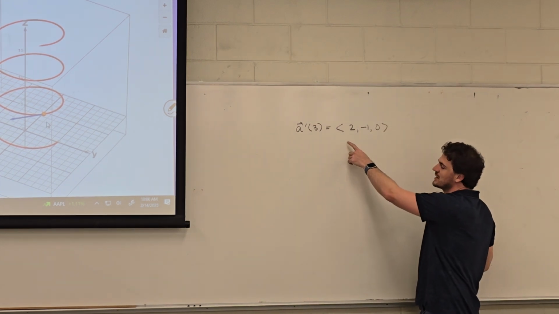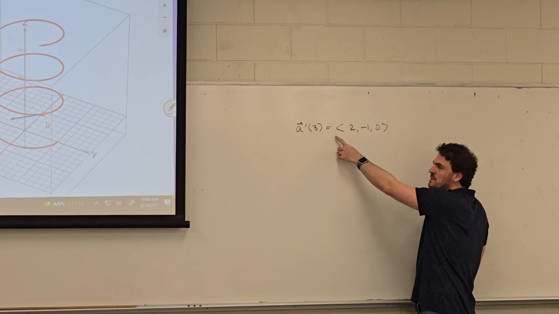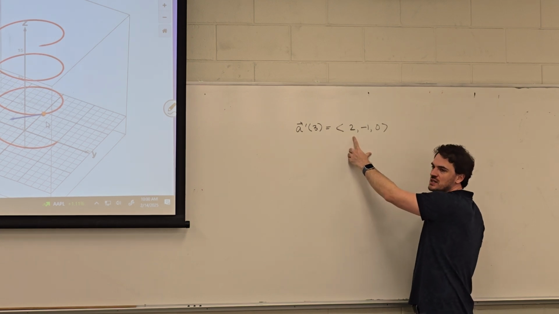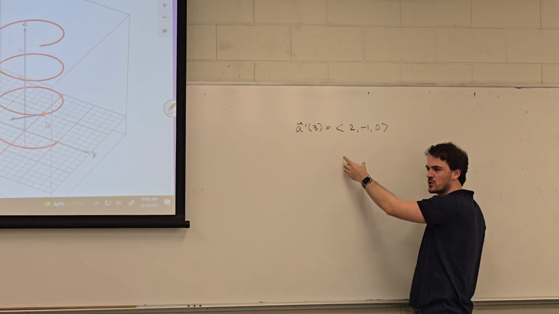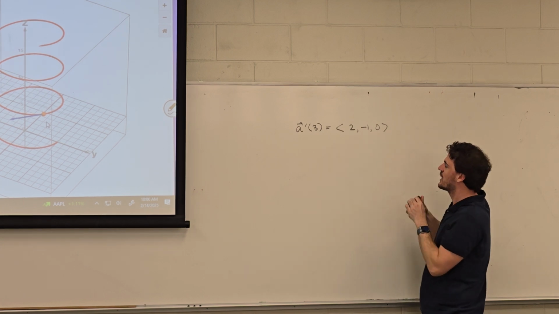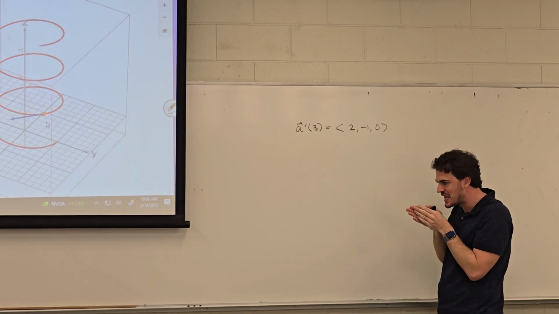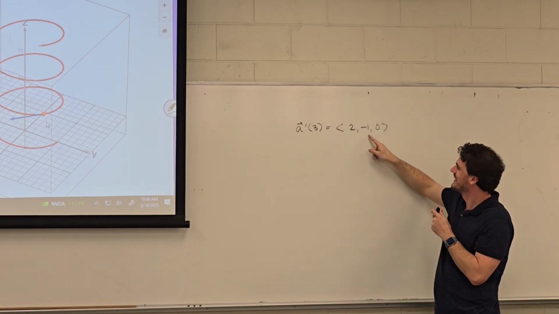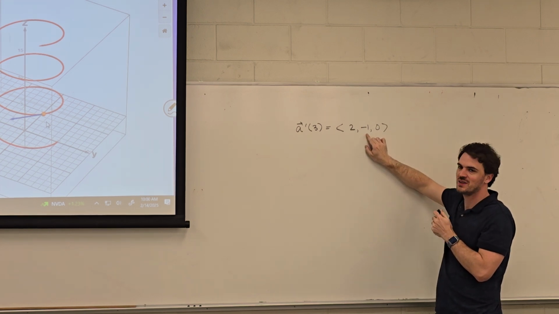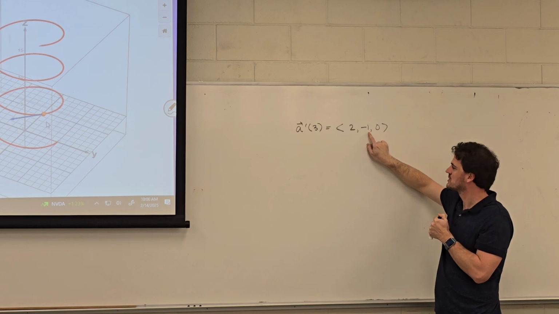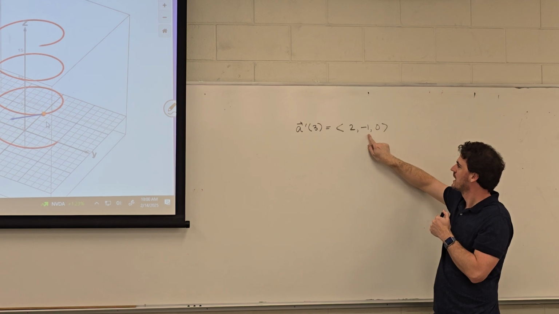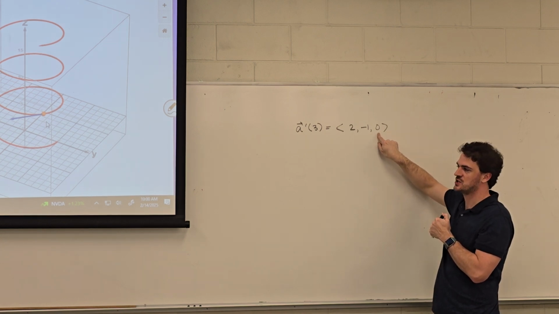This is saying, at this moment in time, your x component is increasing because your derivative is positive. So at that moment you're increasing in the positive x direction, decreasing in the y direction, and your z coordinate is not changing.